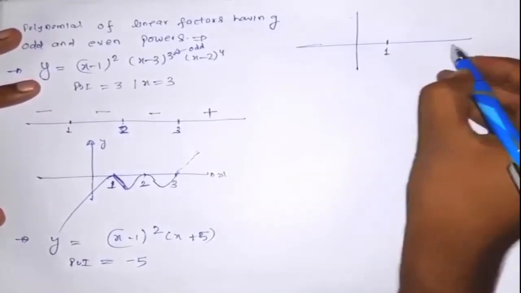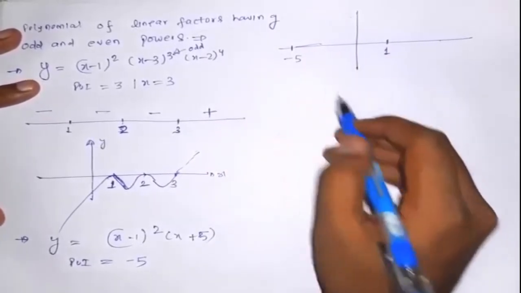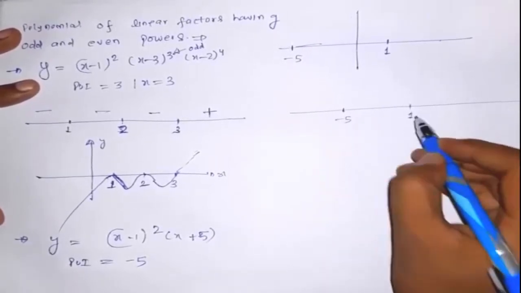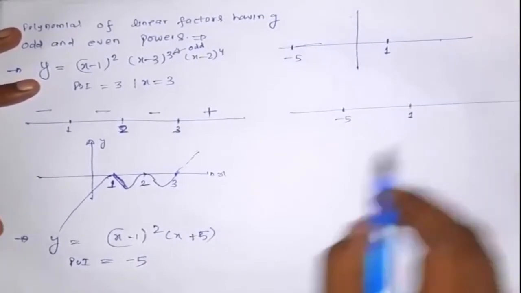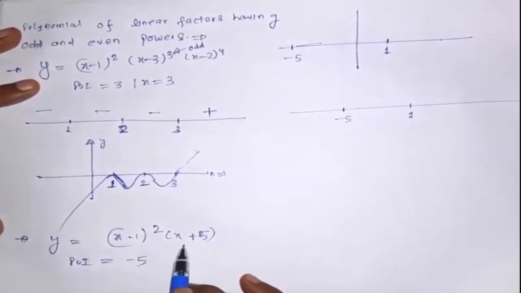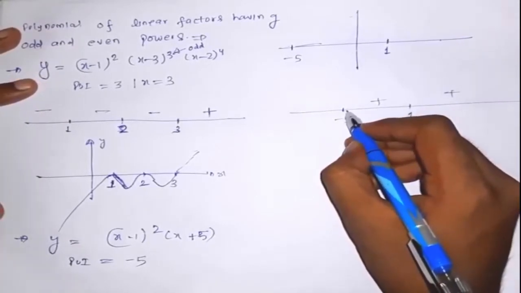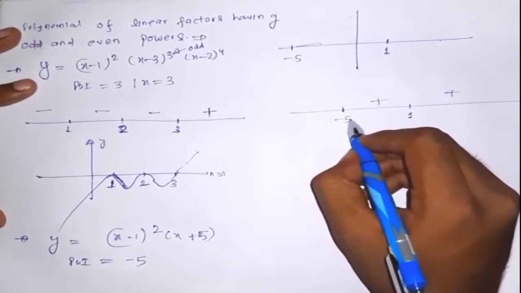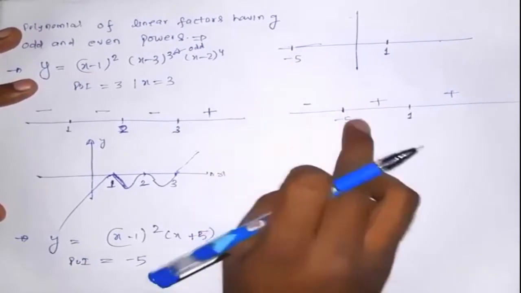y equals (x minus 1) whole squared, (x minus 3), (x plus 5). Okay, so for this, the only point of inversion is minus 5. For x greater than 1, this value will be positive.